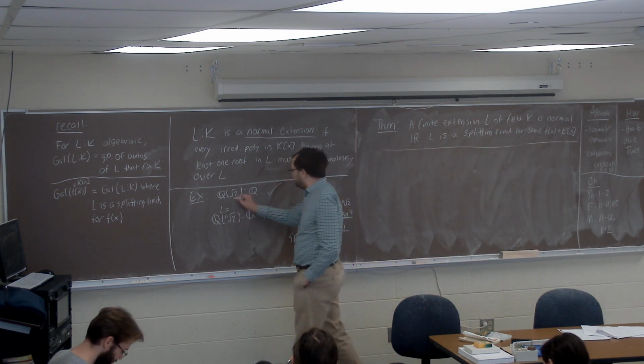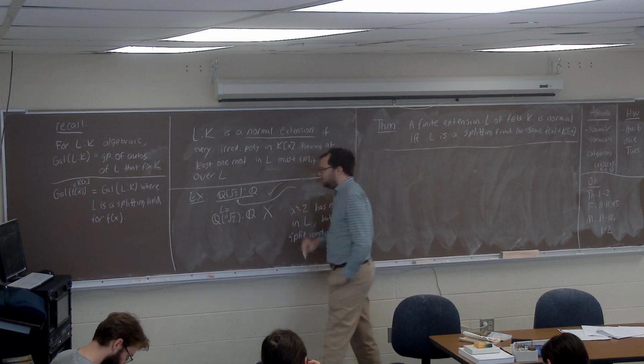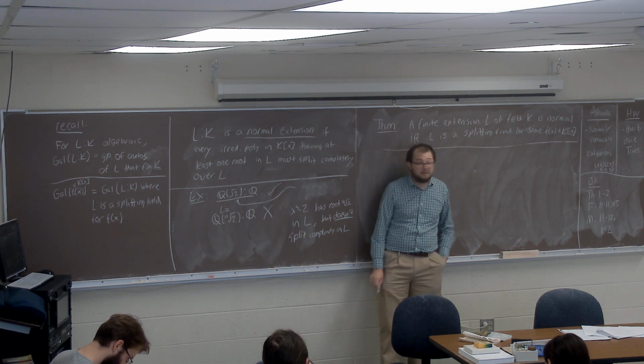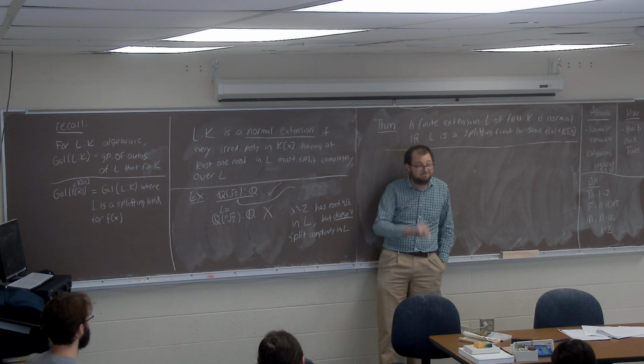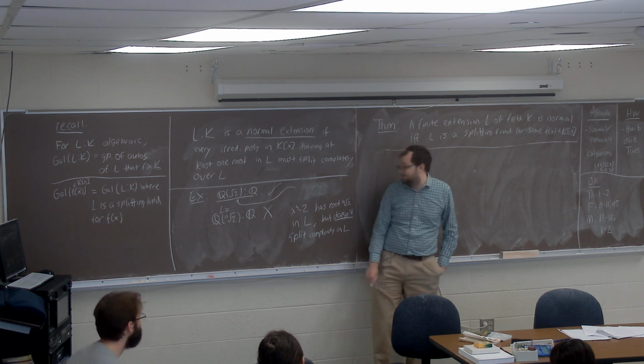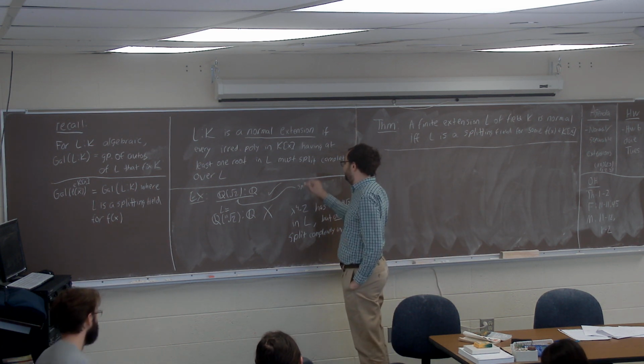So for instance, take this extension. What polynomial is Q adjoined root 2 a splitting field for over the rationals? X squared minus 2. Yeah, this is a splitting field.